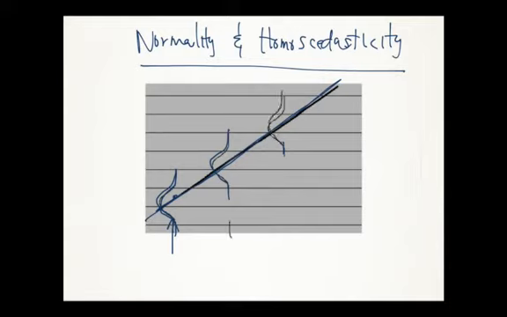So like here's some x1 value, some x2 value, and some x3 value, and they're all normal, and they all have the same variance. Those are the residuals. Remember, if I had a data point here, the residual would be this distance here. So the distribution of those is normal with the same variance. That's normality and homoscedasticity. And we're going to talk a lot more about assessing these assumptions in the next lecture.